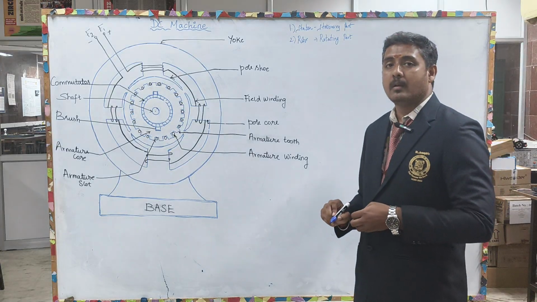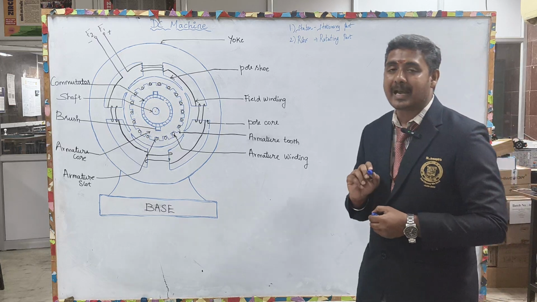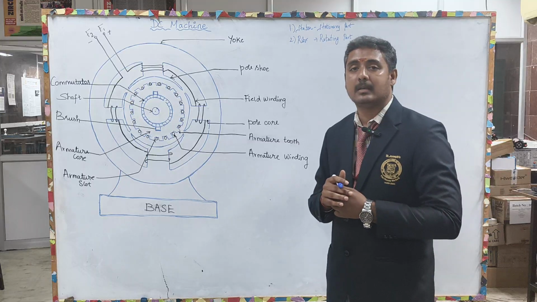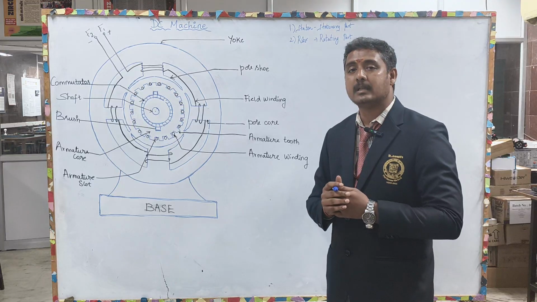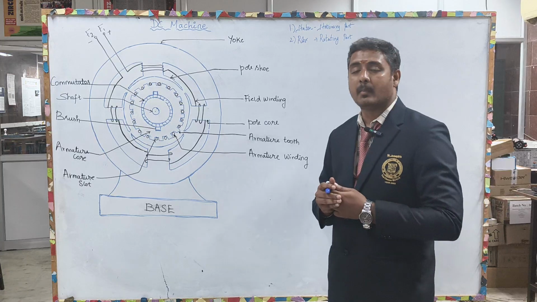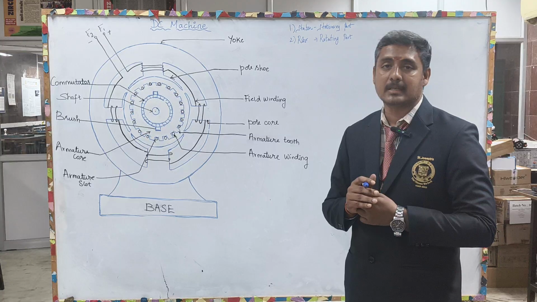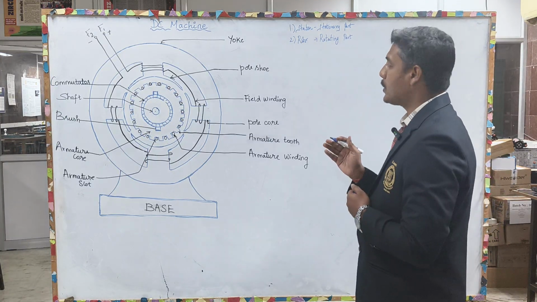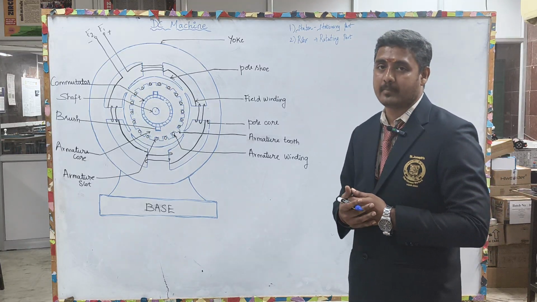Here the stator, stationary part, is static in nature, and rotor, rotating part, is dynamic in nature. Here in this DC machine you will be considering the pole core and pole shoe with the field windings as a stator part, armature and commutator as a rotor part, where it will be driving, that is it will be dynamic.